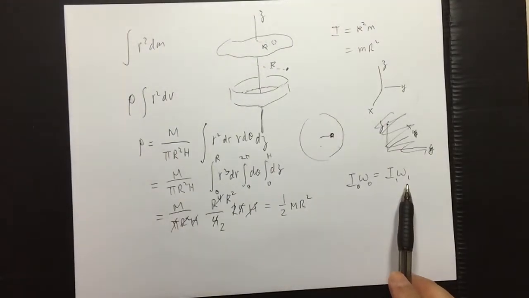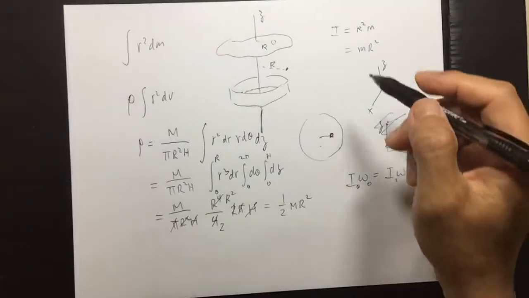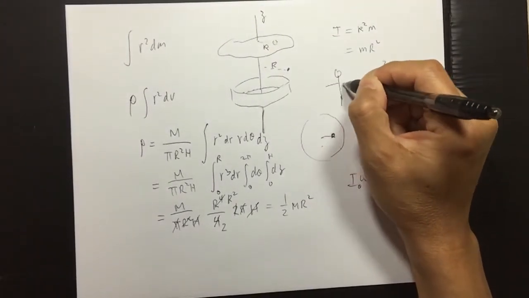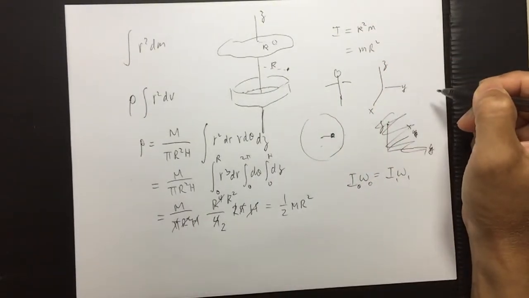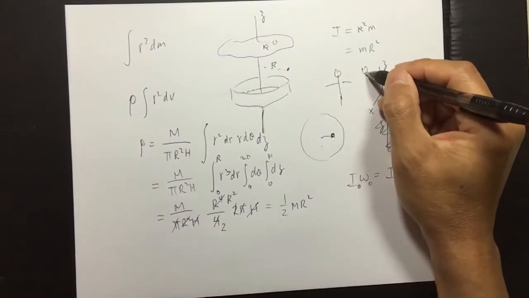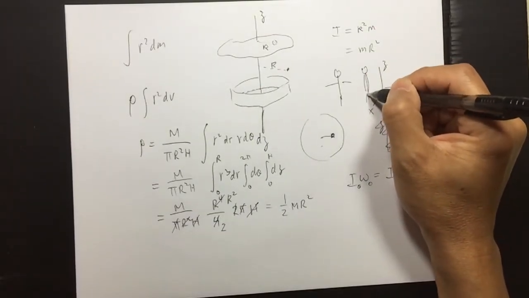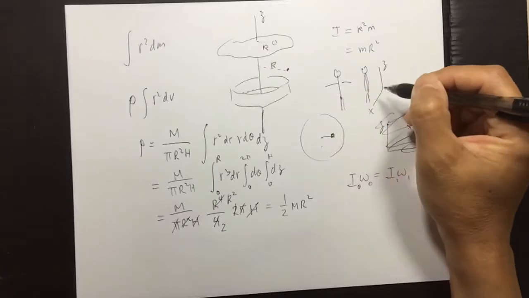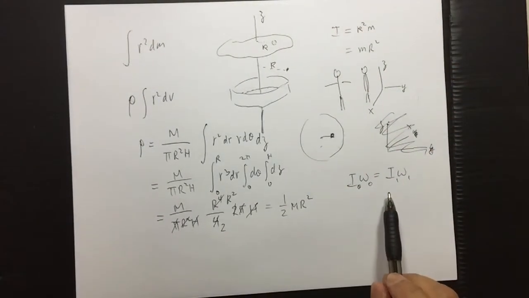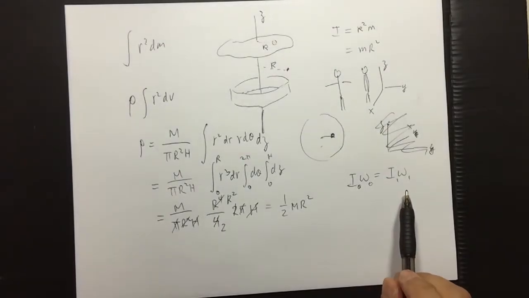In other words, if you rotate with your arm out, there's R here, big R. And then all of a sudden you put your arm in. This time the inertia becomes smaller, and you increase your angular speed, angular velocity.